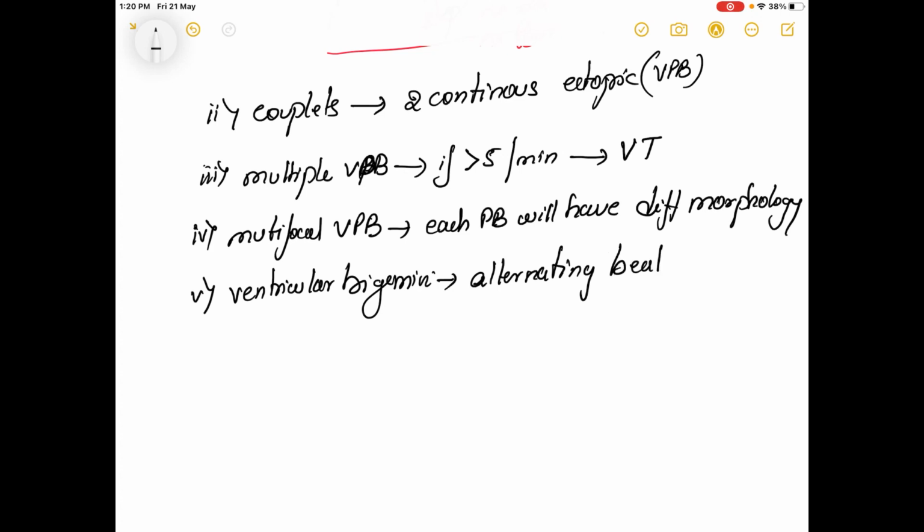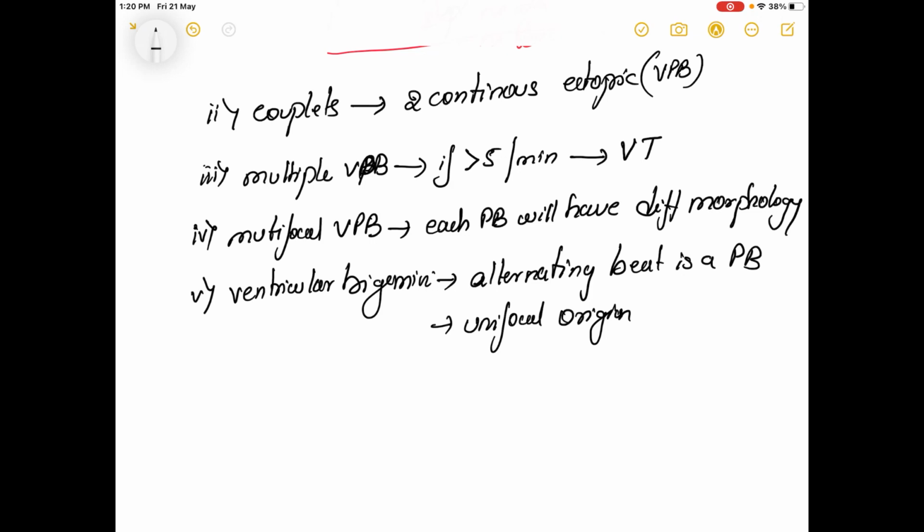Even in multifocal premature beats, sometimes every alternating beat would be a premature beat, but you cannot call it ventricular bigeminy, because in ventricular bigeminy it is unifocal in origin and the morphology would be the same. So in ventricular bigeminy, every alternating beat is a premature beat and it is unifocal in origin.